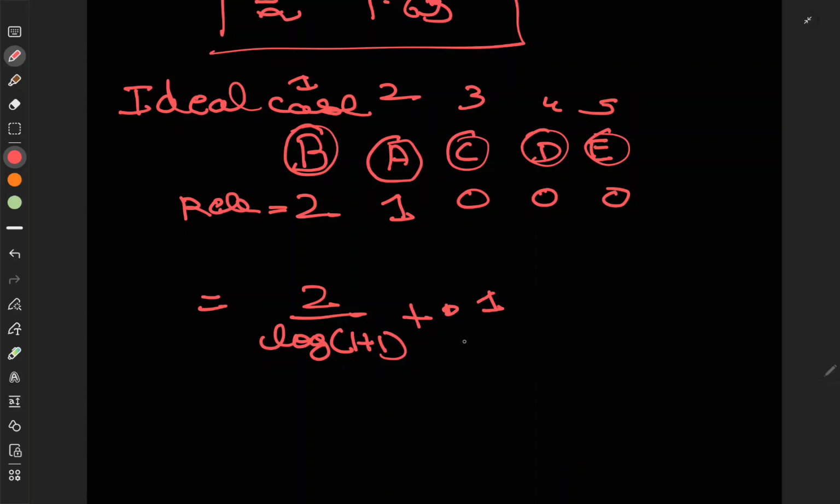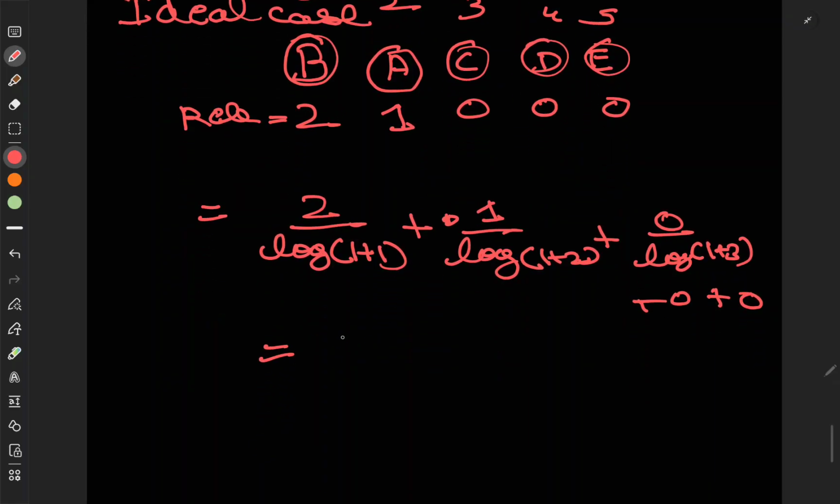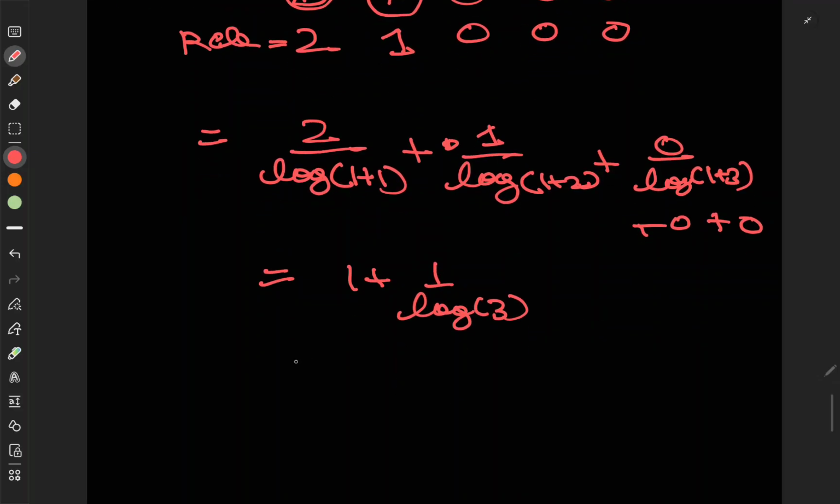Then comes 1 by log of 1 plus 2. Then comes 0 by log of 1 plus 3, and so on, plus 0 plus 0. The score would come out to be 1 plus 1 by log 3, which roughly comes out to be 1.78.